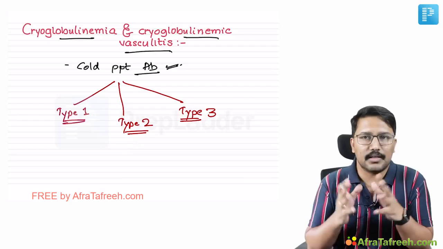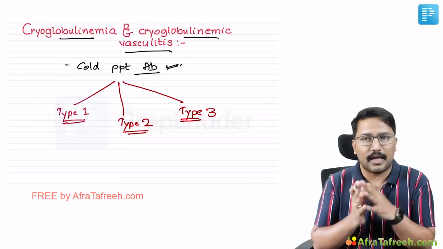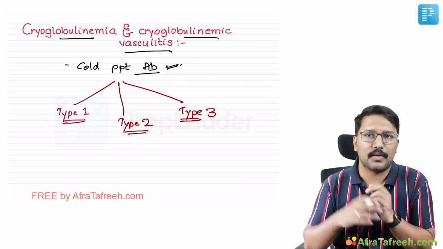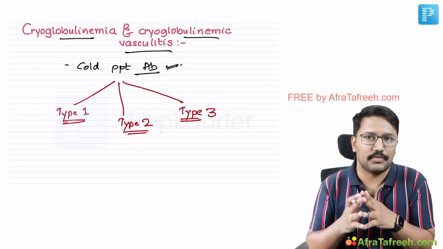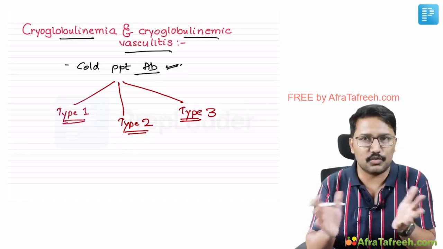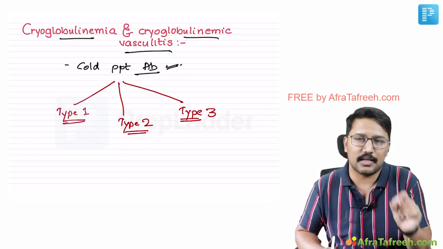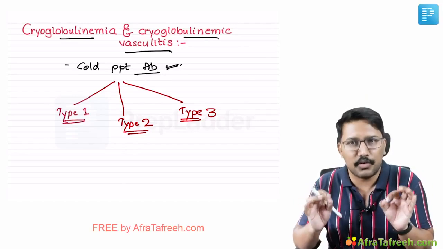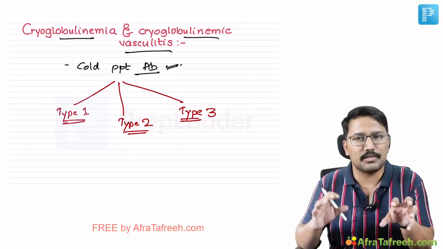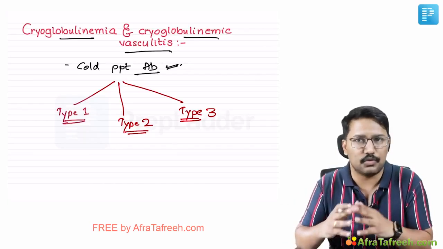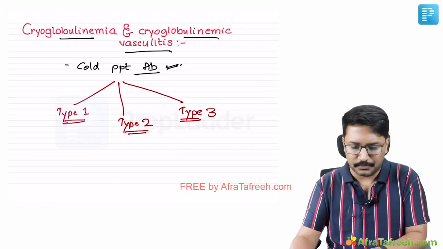So we should know whether this cocktail has IgM which is monoclonal or polyclonal in origin, whether IgG is present or not, and if present, it is usually polyclonal in origin. And the third thing is that these IgM molecules often have rheumatoid factor activity. So whether this IgM is RF activity positive or negative, those are the things we should know, so that we know these three types, right?